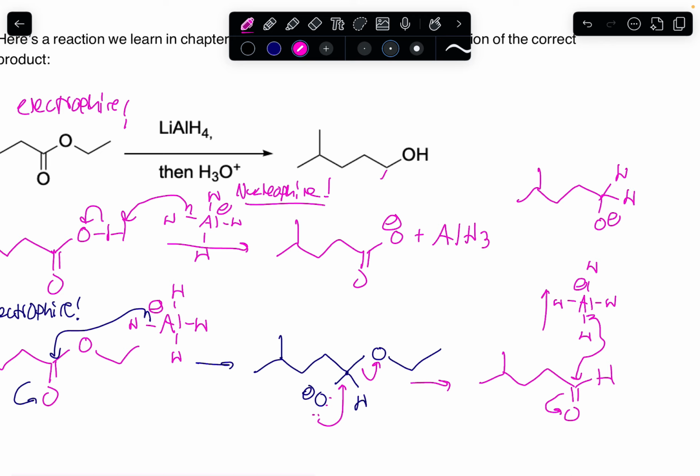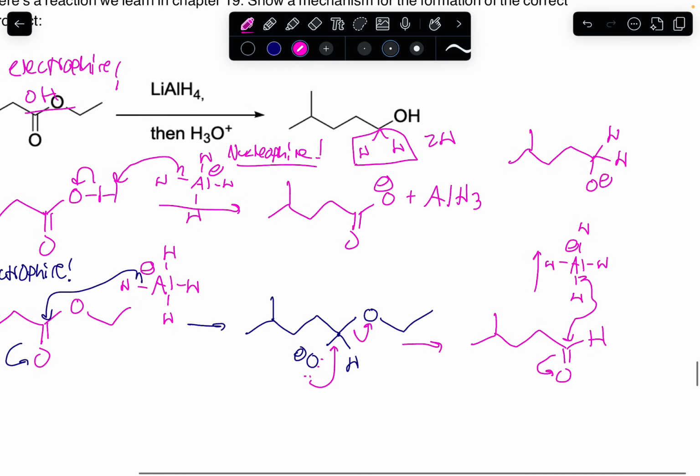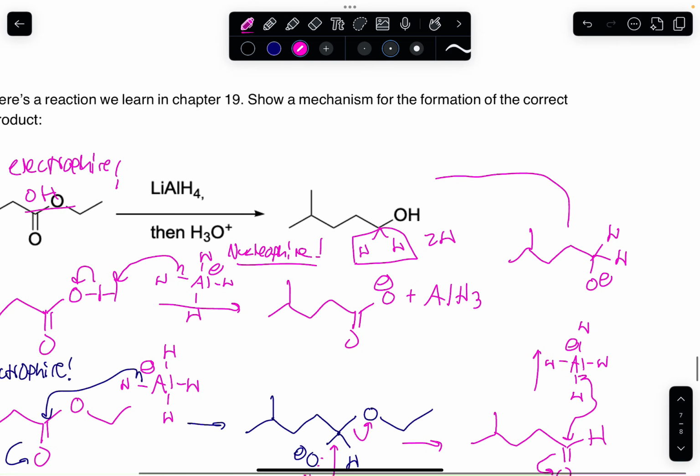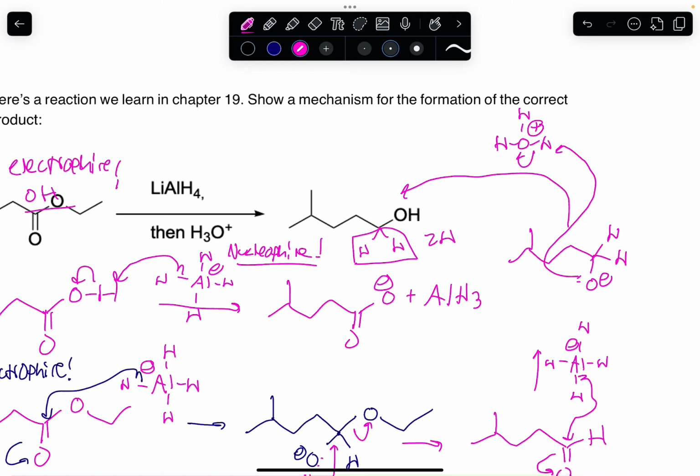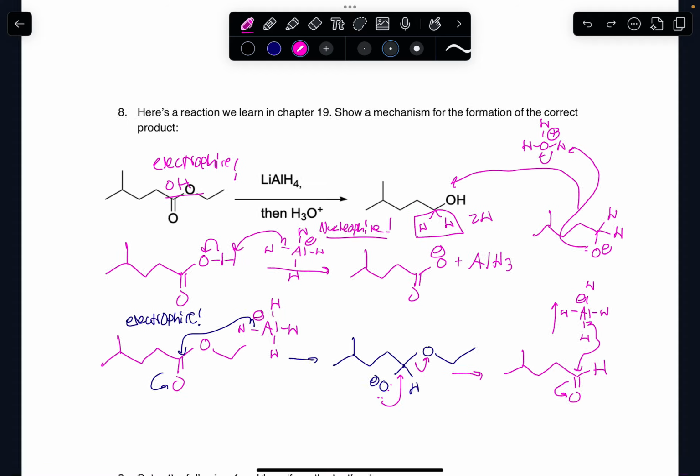So that's going to give us, right, the product had 2 hydrogens. This had 0 hydrogens over here. This has 2 hydrogens on the product. So we've actually added both of the hydrogens already, and then we can do H3O+ reacting with the base to take that away. That will form the product.